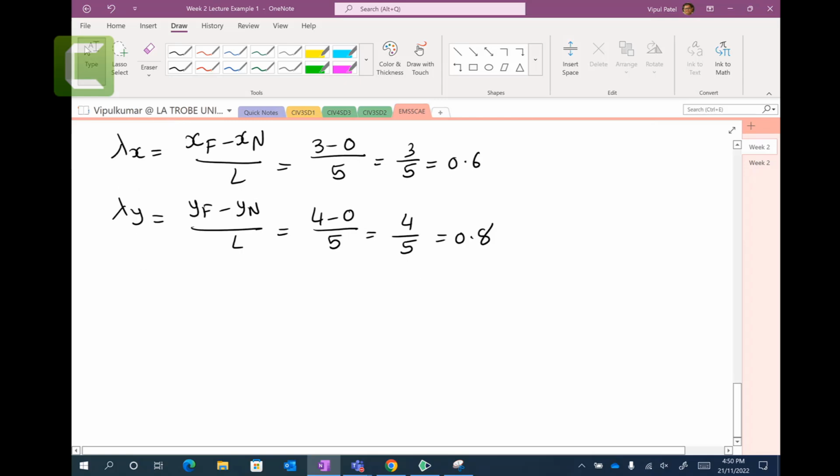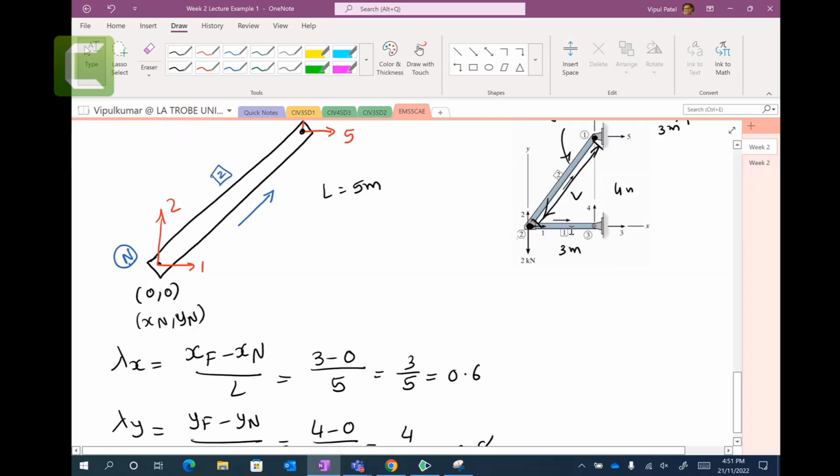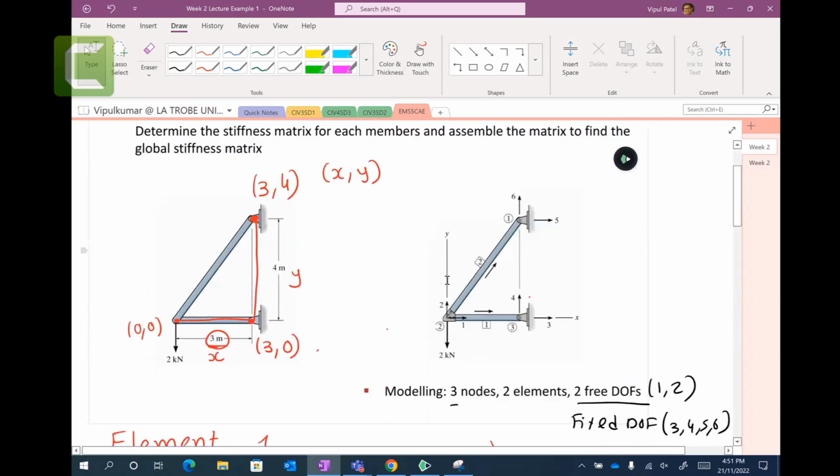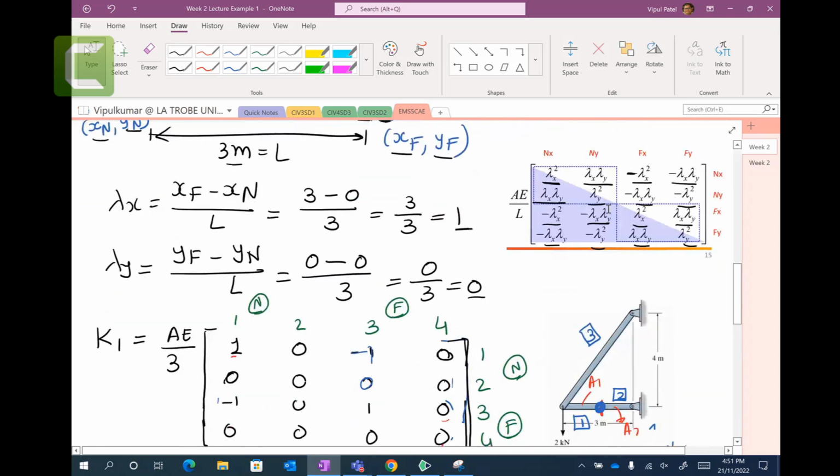Right, let's get that matrix close to us so we know what is happening.